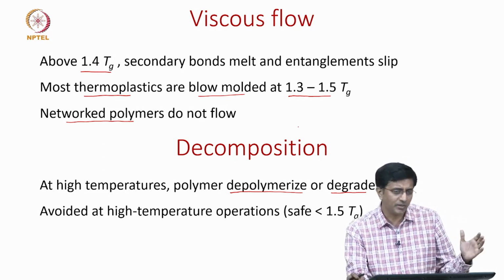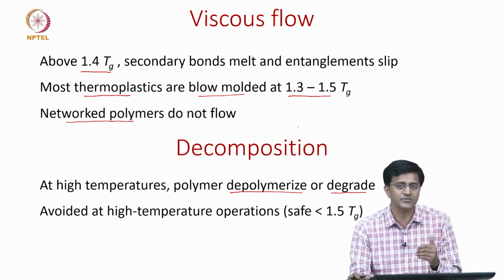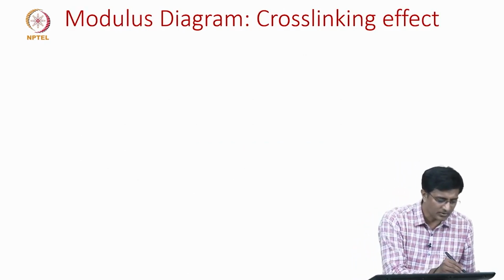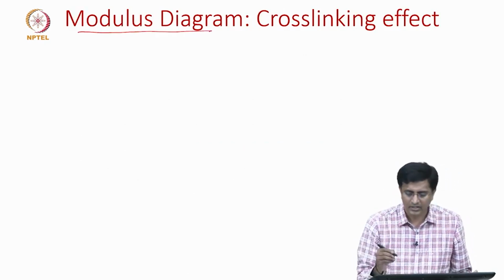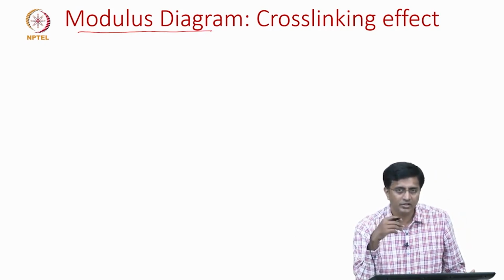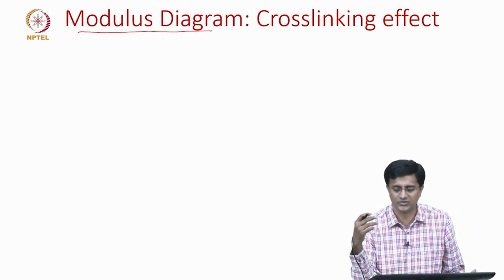Okay. With this we complete the different stages or the different regimes which a polymer can take depending on the temperature. So, this all can be summarized by something called the modulus diagram, and here we will also look at how increasing or decreasing cross linking will affect the modulus values.